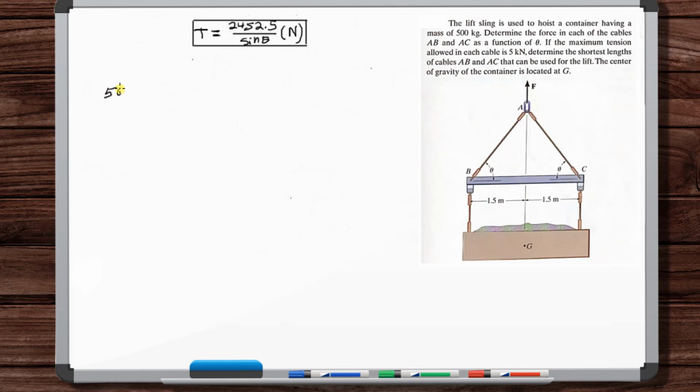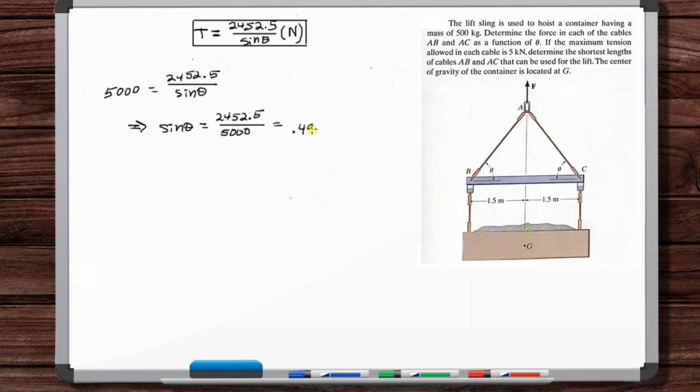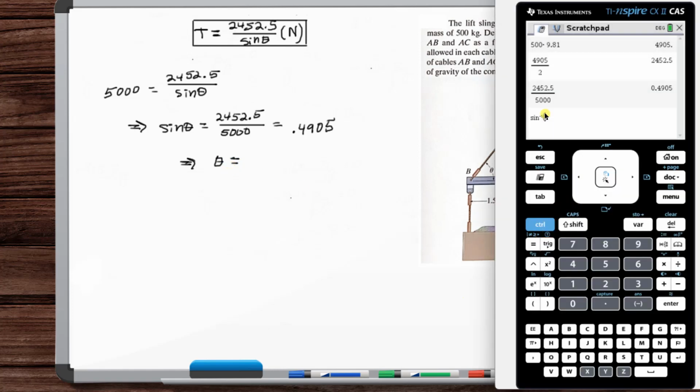So 5,000 newtons. Okay, so using the inverse sine, theta is 29.37 degrees.